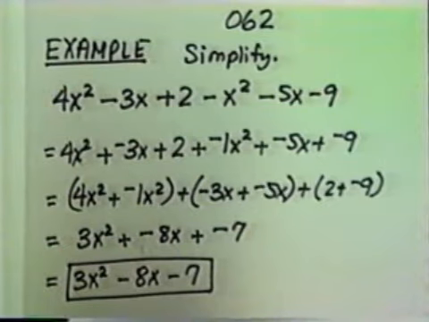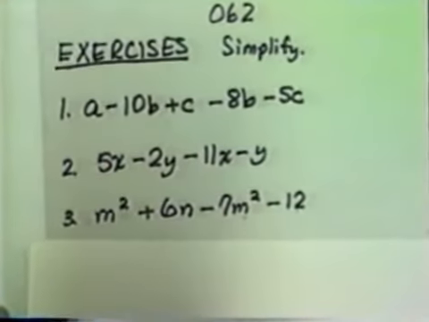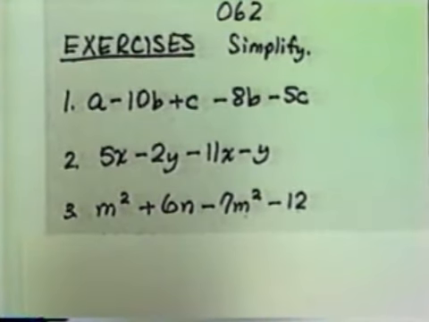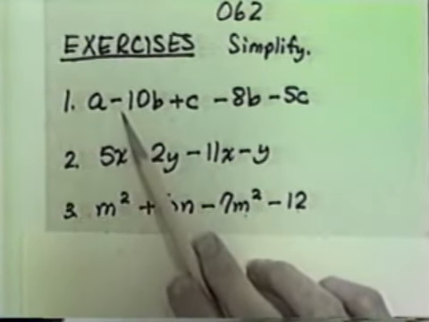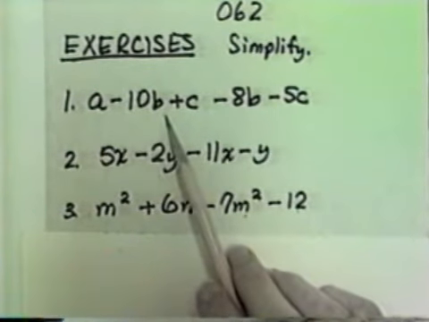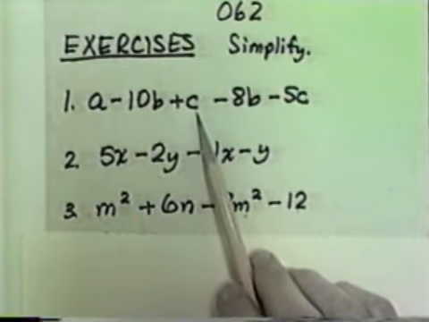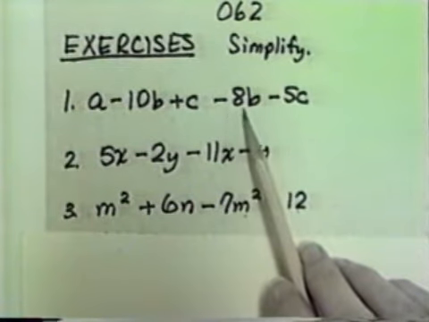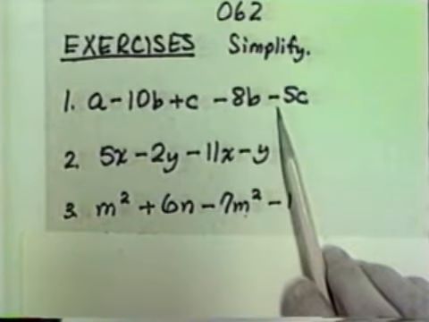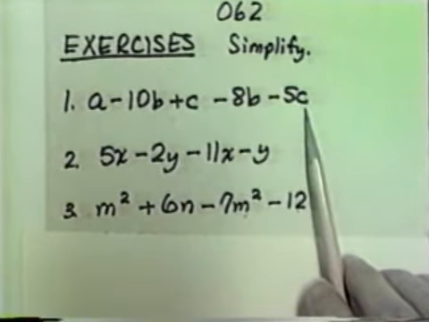Now I'll give you some exercises. Copy the exercises down. Stop the tape, work the exercises, then restart the tape and check your answers. First exercise is A, subtract 10B, add C, subtract 8B, subtract 5C.